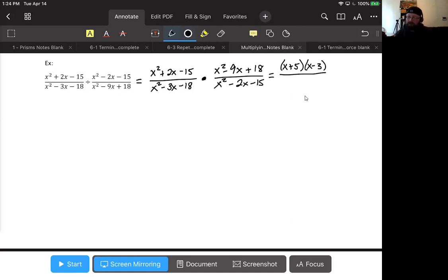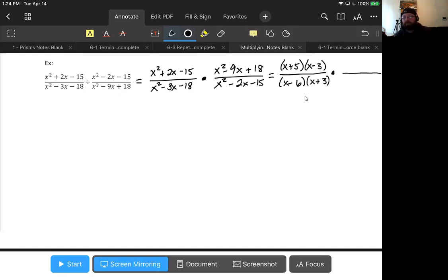On the bottom, we have x squared minus 3x minus 18. So we're looking for two numbers that multiply to negative 18 and add to negative 3. That would be x minus 6 and x plus 3. On the top of the second fraction, we currently have x squared minus 9x plus 18.